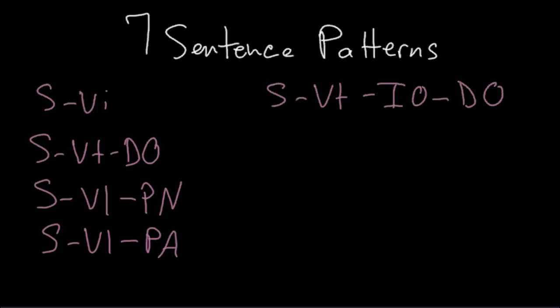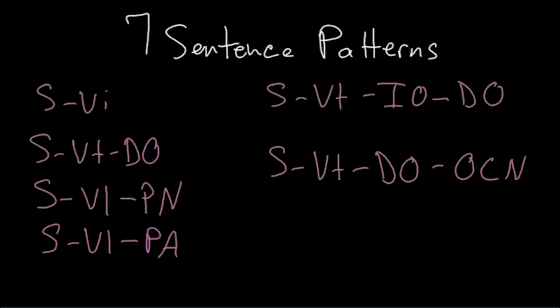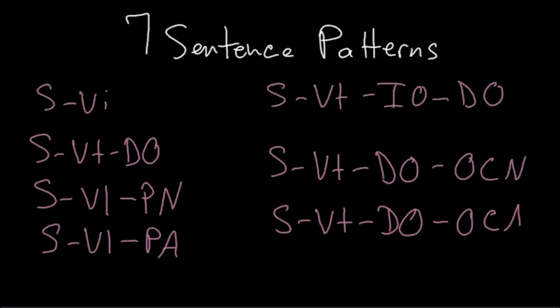The final 2 patterns are very similar: SVTDOOCN and SVTDOOCA. And these stand for subject, transitive verb, followed by a direct object, followed by the object complement noun, and the object complement adjective.